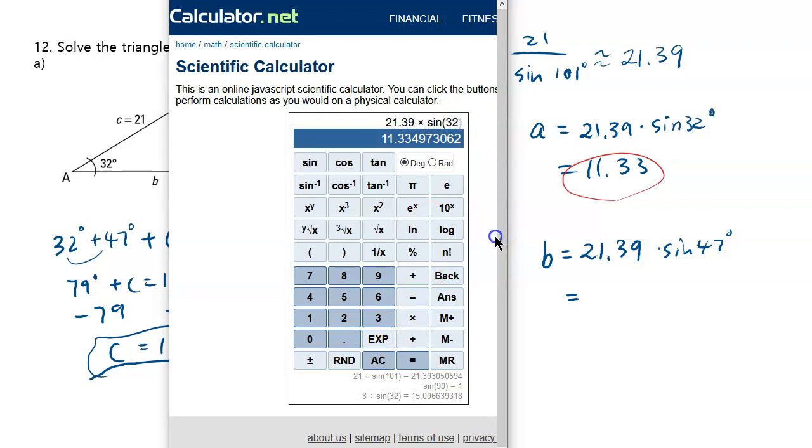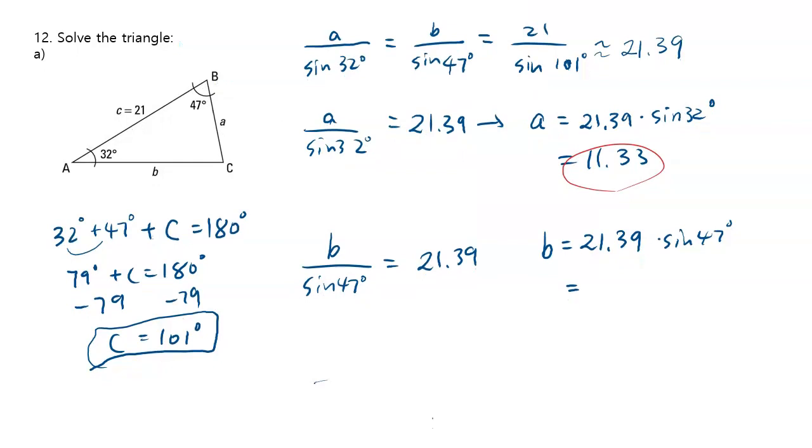So 21.39 times sine of 47 degrees. That's 15.64. Done. Okay, so these are the answers.